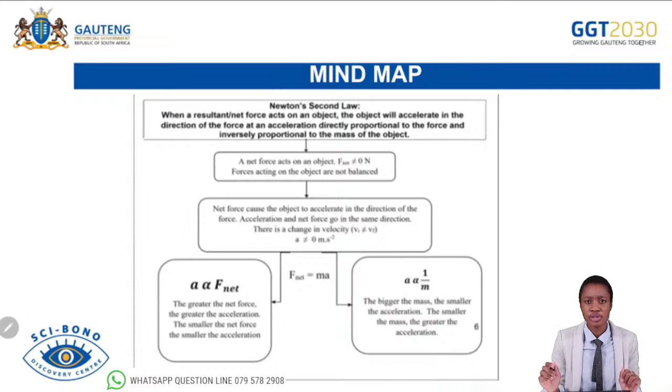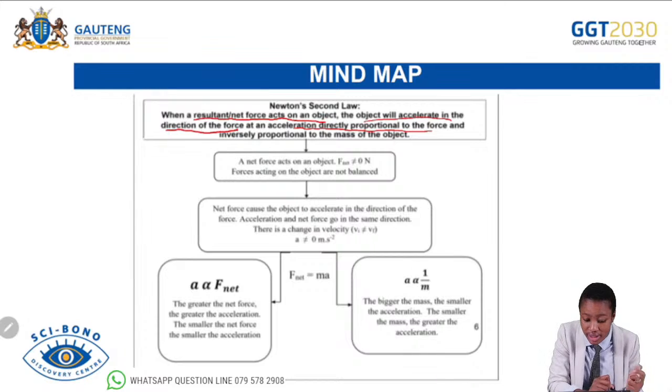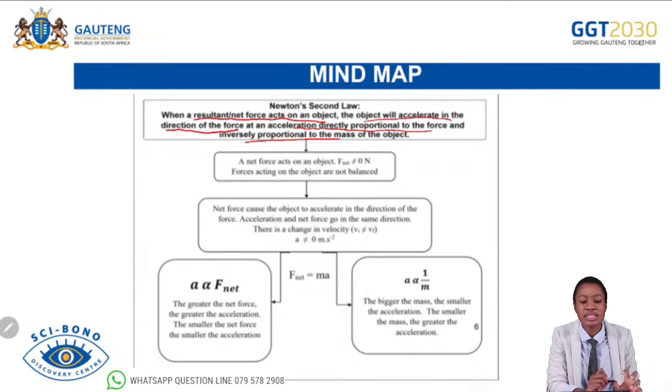So when we're looking at Newton's second law, we're looking at what? When a resultant net force acts on an object, the object will accelerate in the direction of the force at an acceleration that is directly proportional to the force and inversely proportional to the mass of the object. What does that tell you?